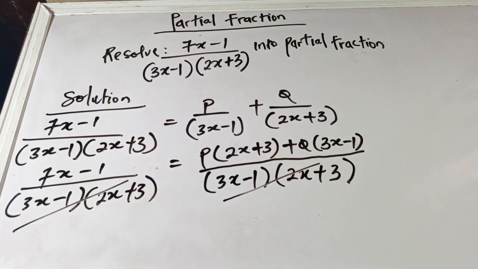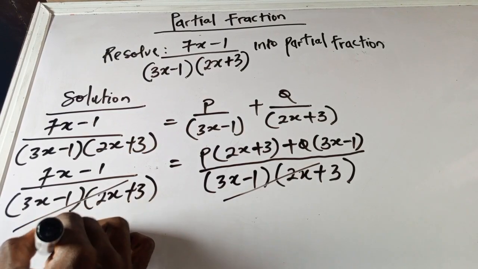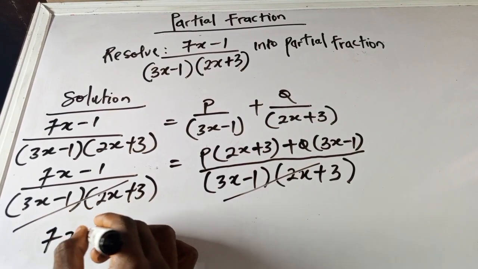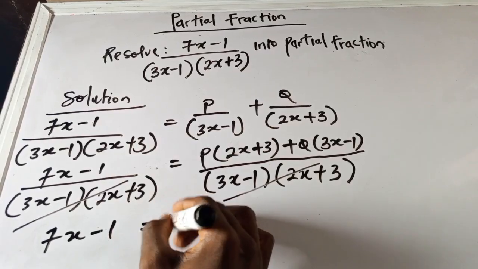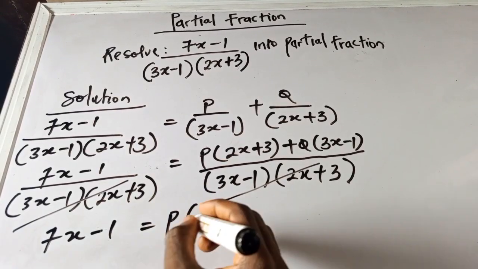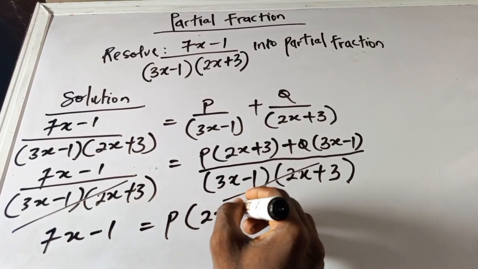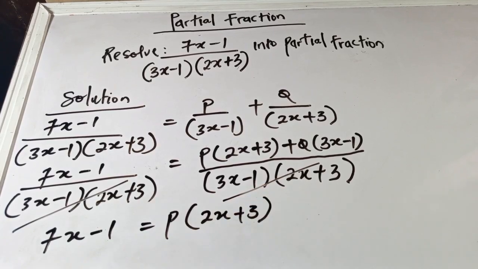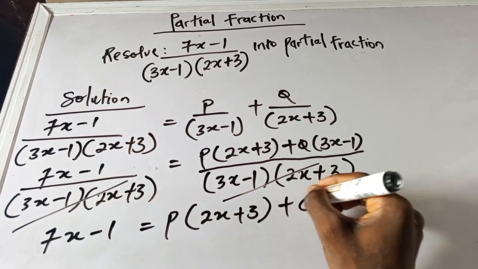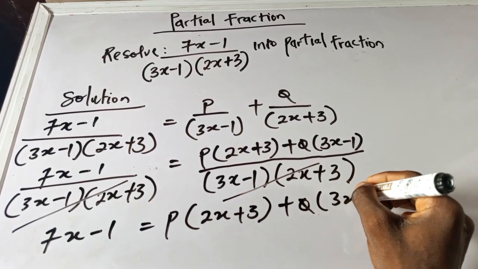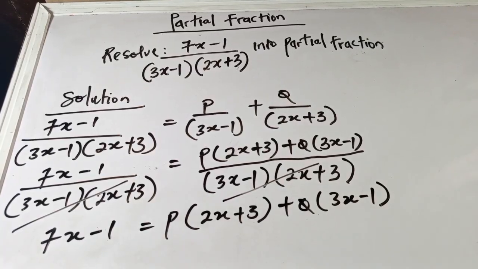So we're left with 7x - 1 equals P into (2x + 3) plus Q into (3x - 1). Alright, so I'm left with this equation.